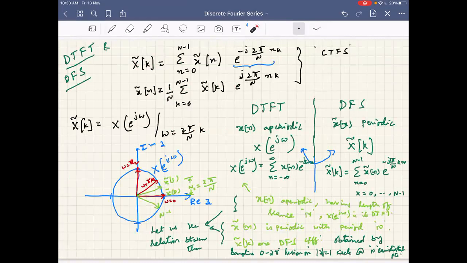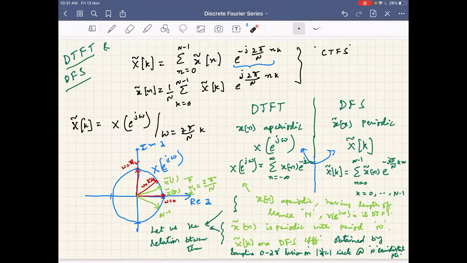In the third video lecture, we have seen some analogy between the discrete time Fourier transform and discrete Fourier series. As per the expressions, it is simply X of e power j omega sampled at omega equal to 2 pi by N into k. But we want to establish a systematic relationship.